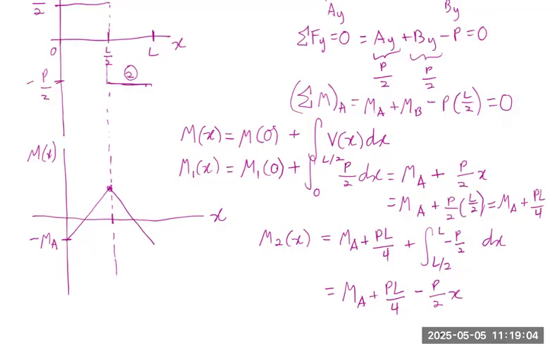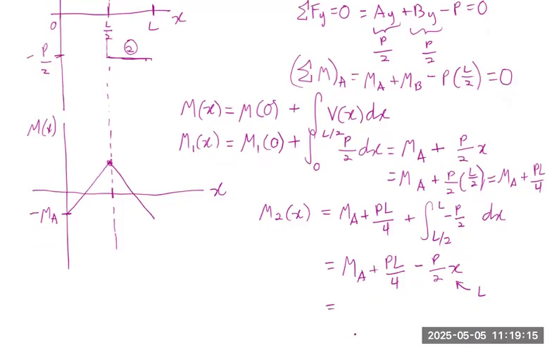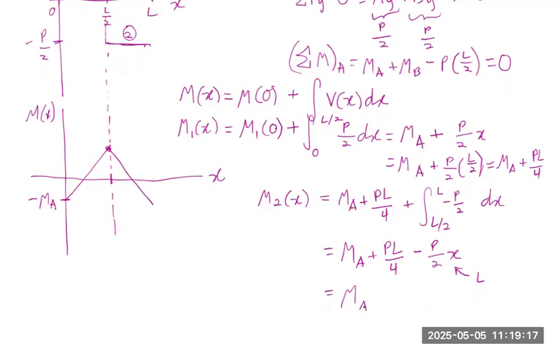And then we can find our value at L if we want by plugging in L into this equation to get MA plus PL over 4 minus P over 2 times L over 2. So this is equal to MA minus PL over 4.